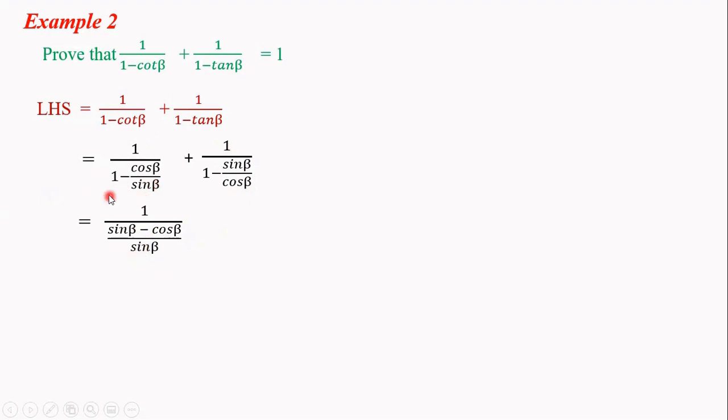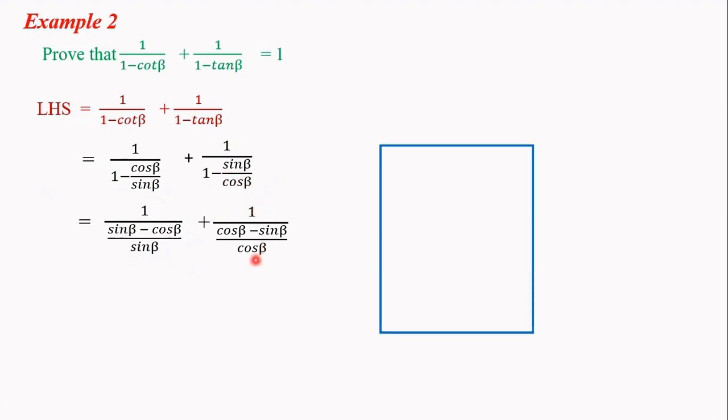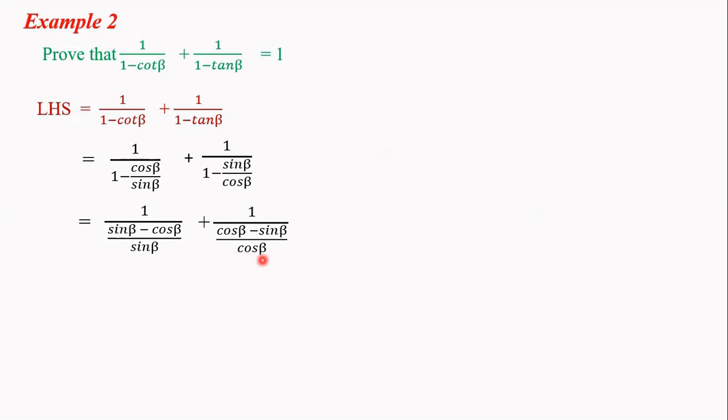In the denominator, we have two terms, and sin beta is the LCM and 1 is multiplied by sin beta. And in the second term also, the numerator 1 is copied as it is. In the denominator portion, we take the LCM here. Cos beta is the LCM and 1 is multiplied with cos beta minus this sin beta.